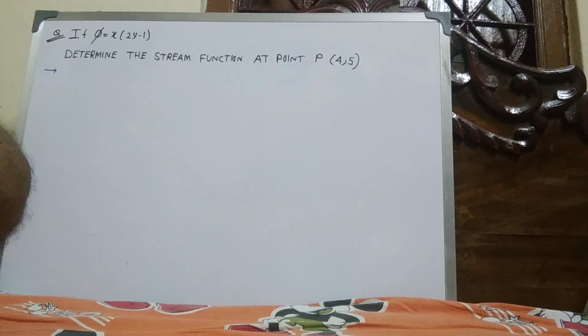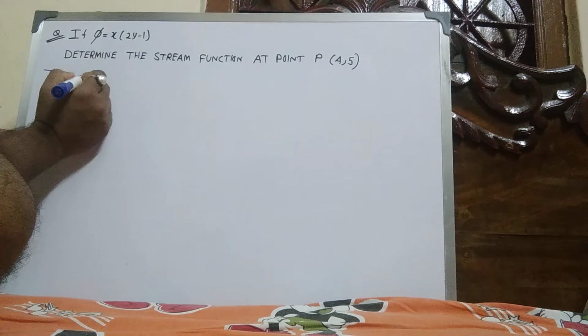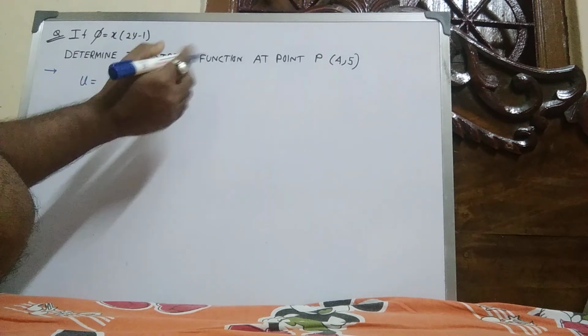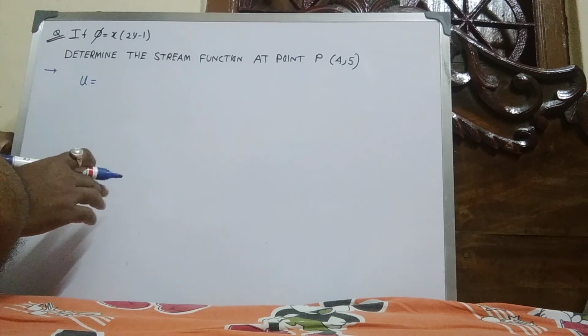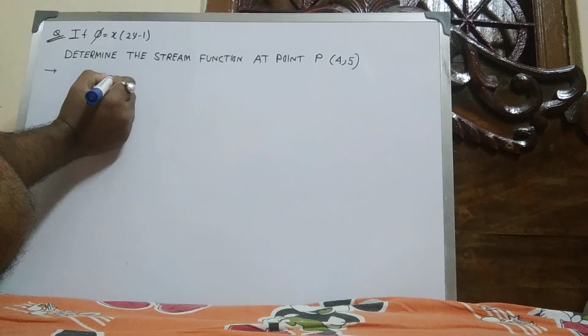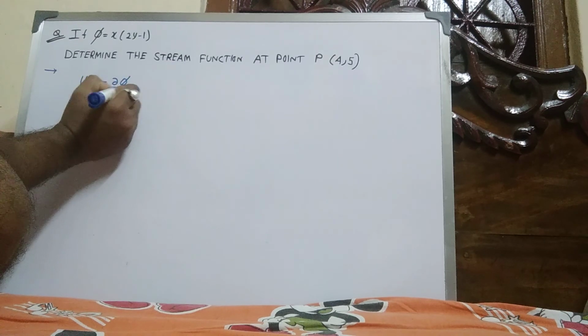Now we know this is the stream function. We know u equals d psi by dy and v equals minus d psi by dx.